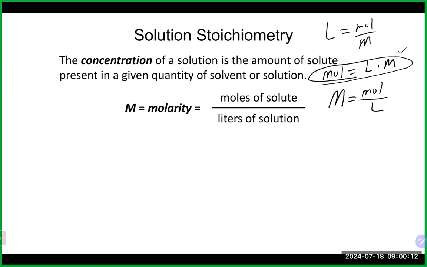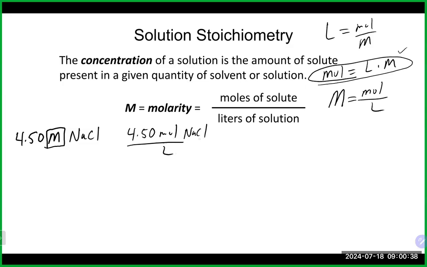When you have something in molarity, like you have a 4.50 molar sodium chloride solution, it is really a very good idea, especially if you're going to do some type of calculation, to get rid of the big M and actually use both units. And what that means is there are 4.50 moles per liter of sodium chloride. The number stays with the moles part, and it's always per 1 liter.